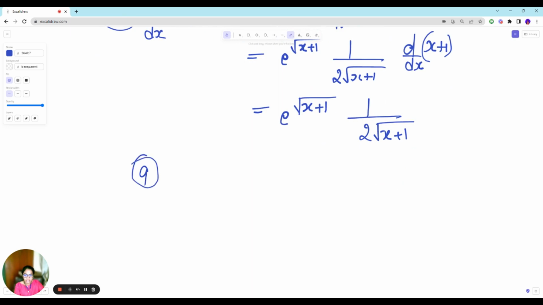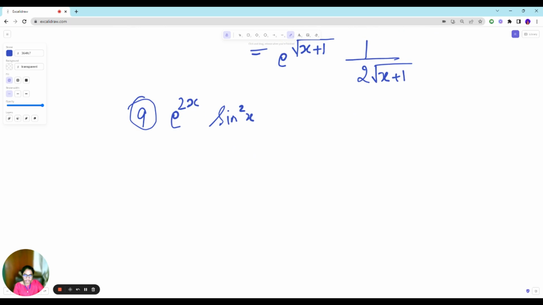Yes. So the ninth one is find the derivative of e power 2x sine square x. So which rule do you apply here? Clearly, we would apply product rule. What does the product rule say? Keep e power 2x as it is. Differentiate sine square x.